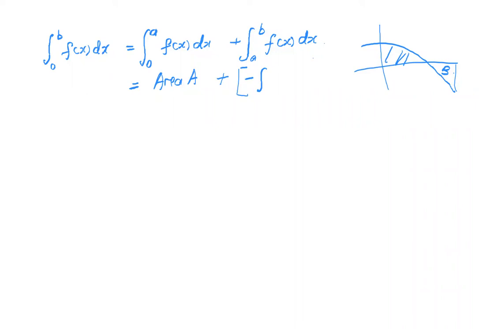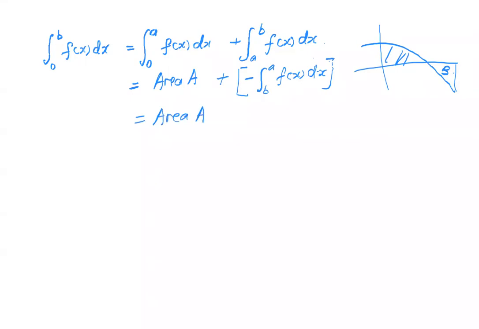If I put a negative, this is B to A f(x) dx. All right? I invert the limit, I put a negative sign. Positive plus negative, what do I get? Positive times negative, what do I get?